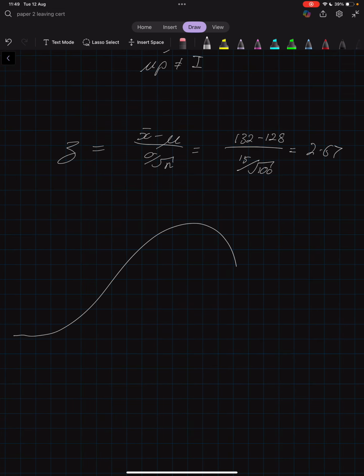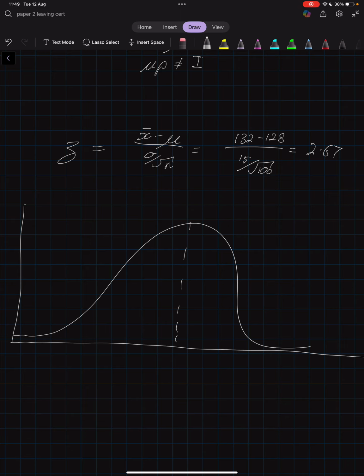Again, with your z-score, you always look at it and say, okay, this would be 0. Here we have a score of 2.67. This is 1.96. This is minus 1.96. So where are the regions where we will say it's a significant result?